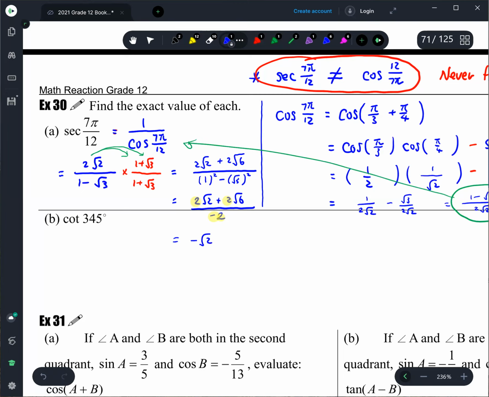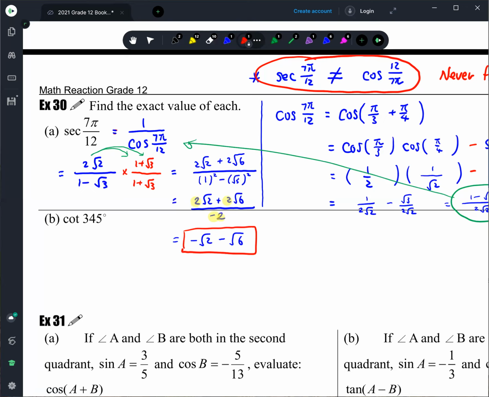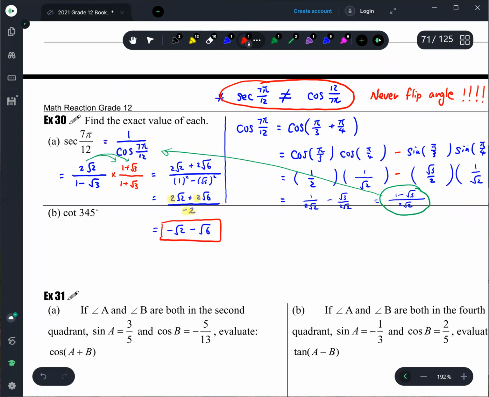The second one as well. So it becomes this. Your final answer, you should always simplify, not just take the reciprocal and leave it. You have to simplify it, rationalize it, as far as possible. Can you raise your hand if you got everything so far?